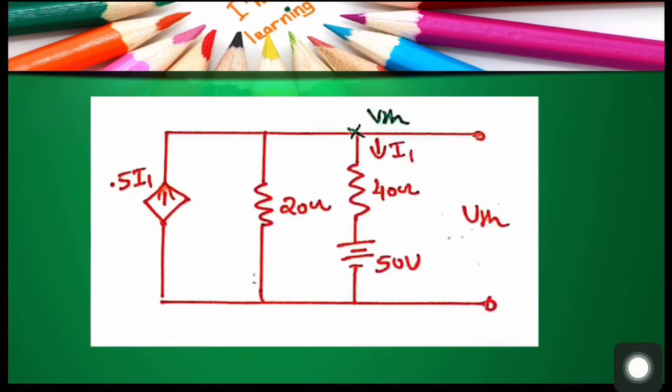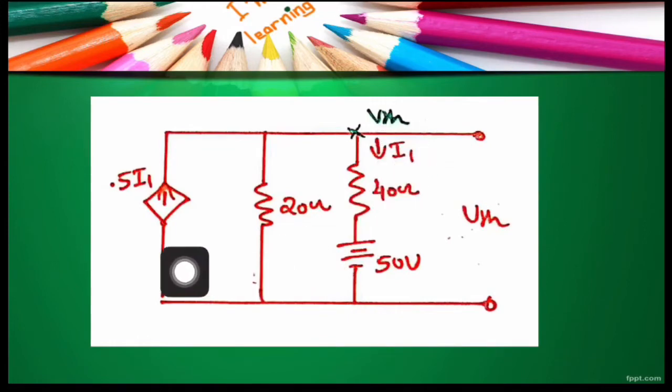When we open circuit, we get a network like this. VTH is marked as the open circuited voltage across the load terminals. Here you can see a node. By inspecting the network, it is clear that the node voltage and VTH are the same. So let us label this node voltage as VTH.